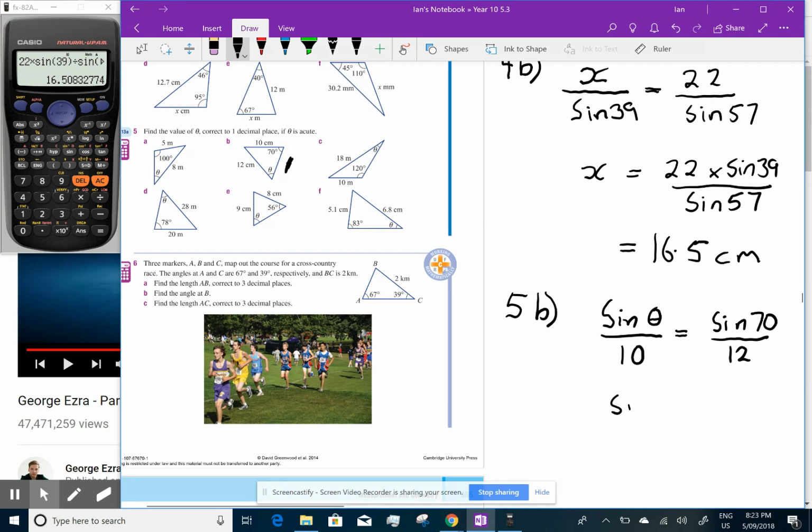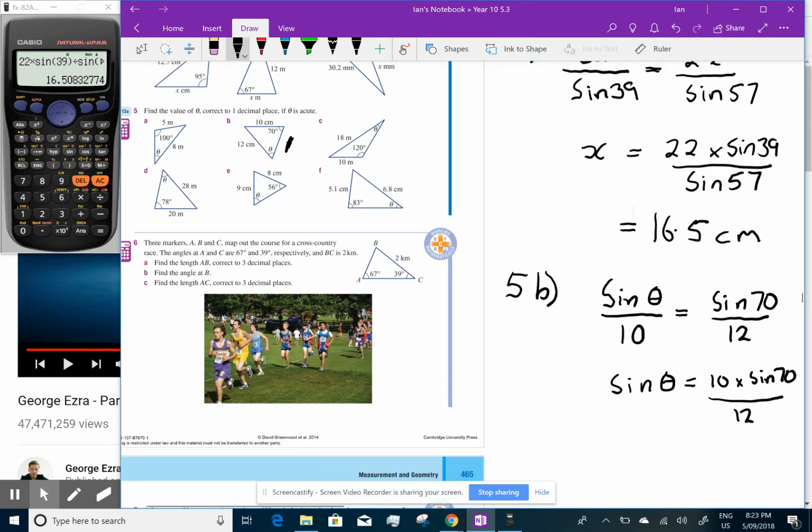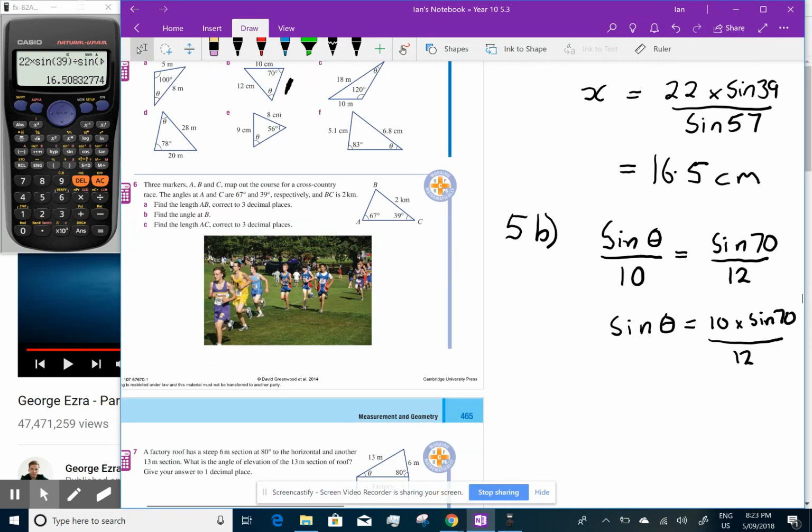So I'm going to multiply that 10 across. Sine theta equals 10 times sine 70 all over 12. But I still haven't found the solution because I've got sine of the angle. So what I have to do is I have to inverse sine all of that on the other side.